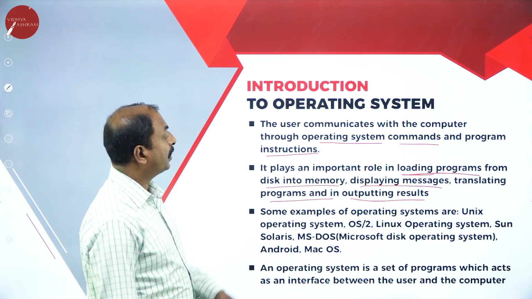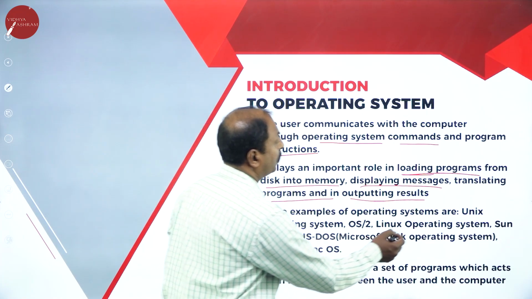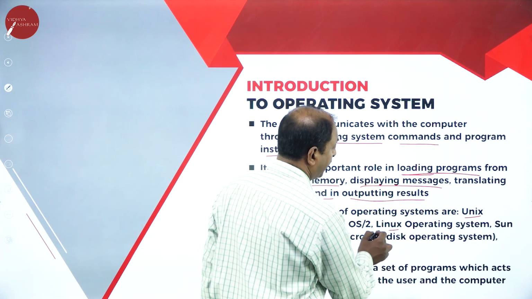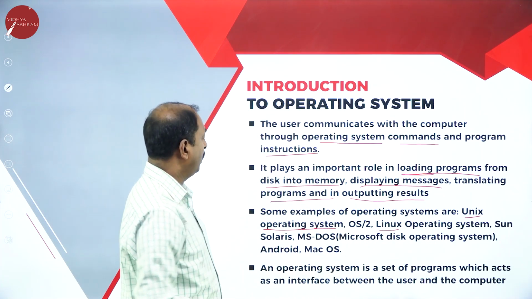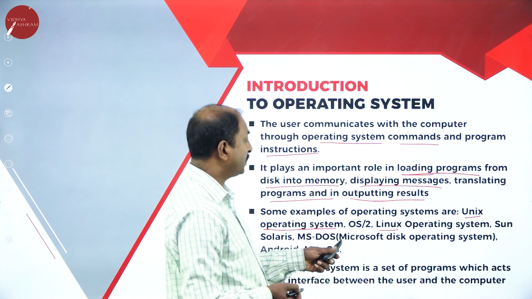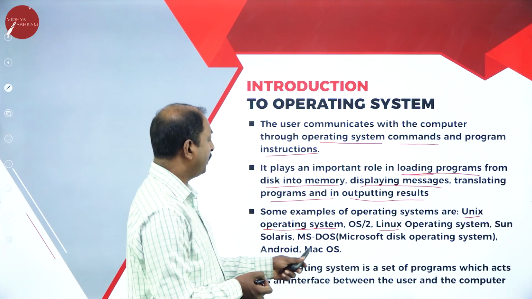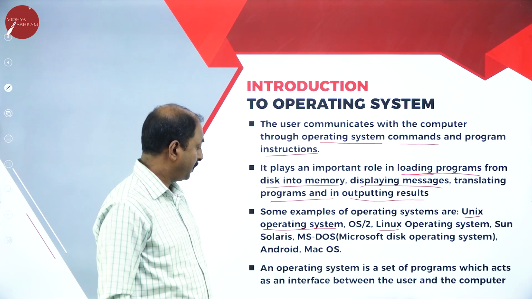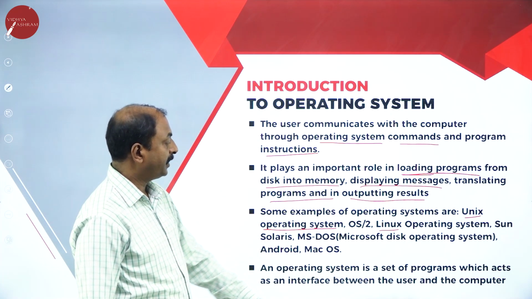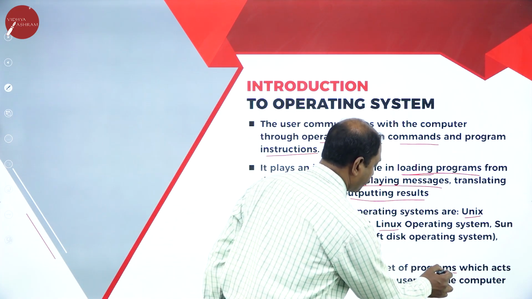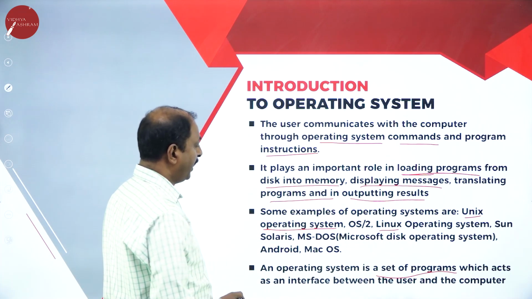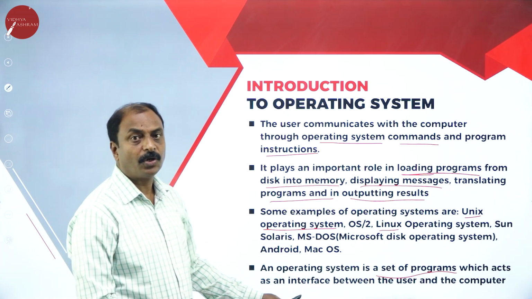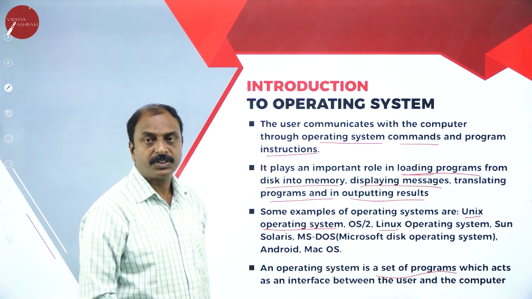Now some examples of operating systems are Unix, Linux, and so on, Solaris, MS-DOS, as well as Android and Mac OS. These are all different operating systems. An operating system is a set of programs which acts as an interface between the user and the computer. This is the definition of an operating system.